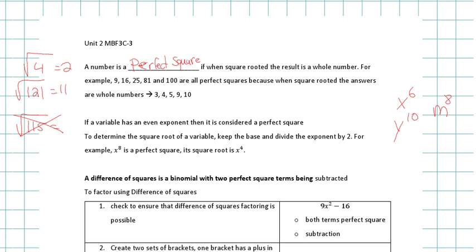So not only are you looking at the number in front, the coefficient, but you're also looking at the exponent. For example, can you tell me if this is a perfect square? Yes, because 25 is a perfect square, and x to the power of 4 has an even exponent, so it is.